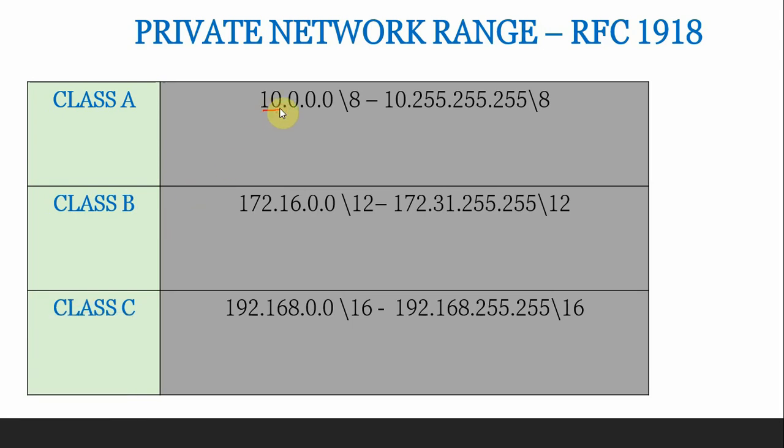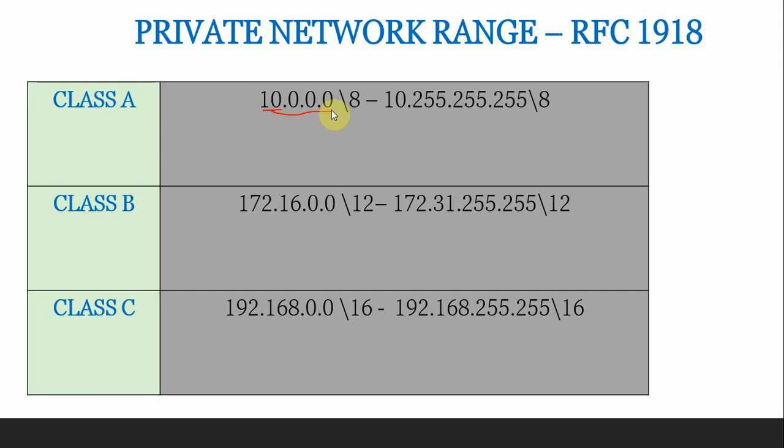So if you see any address that starts with 10, it means the address is class A, and second, the address is a private address. It can be used in companies, but we can't use this address on public networks.